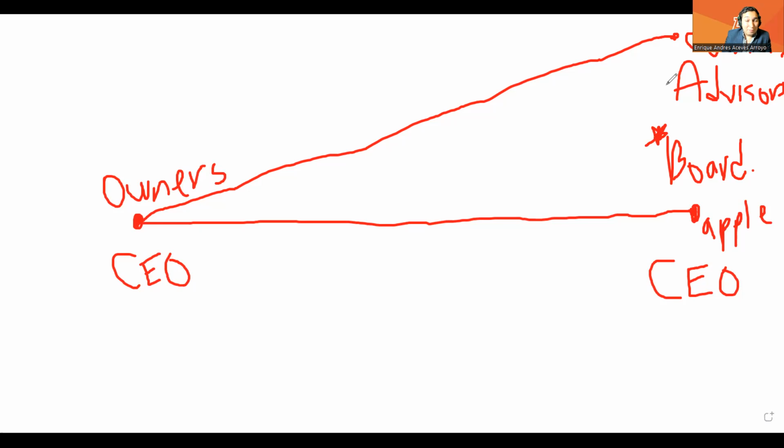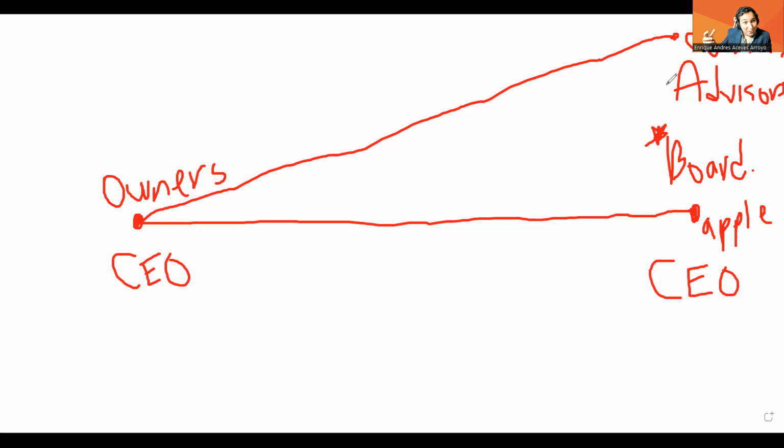and at the end it is the people that are putting the money. In here you will have funds, private equity funds, institutional investors that elect this board of directors, and they put the CEO.